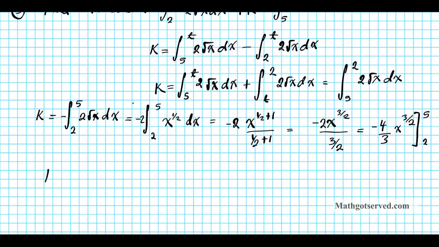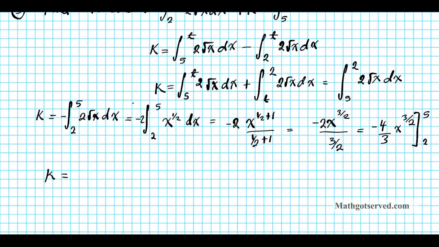So k is going to be equal to, you plug in the upper limit, -4 times 5 to the 3/2 over 3, and then you plug in the lower limit. Well, let me make our lives easier here. To avoid too many complications, I can factor out this -4/3.